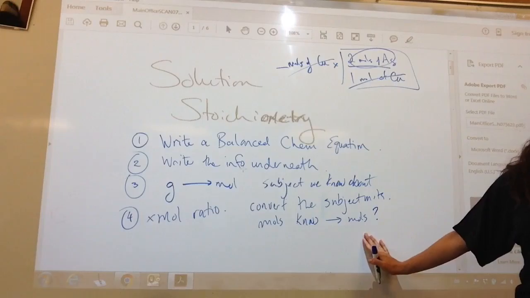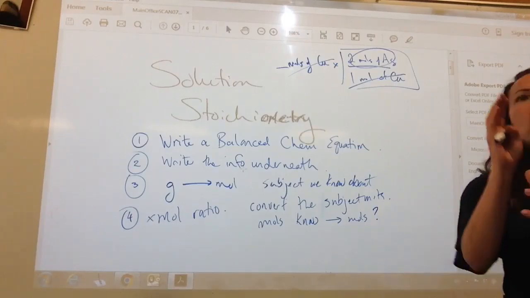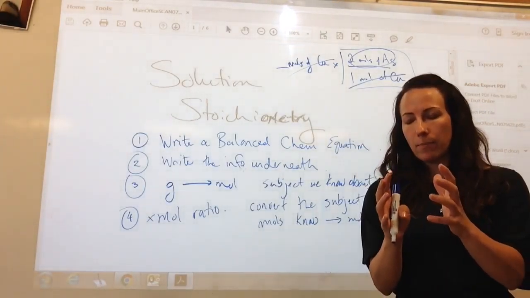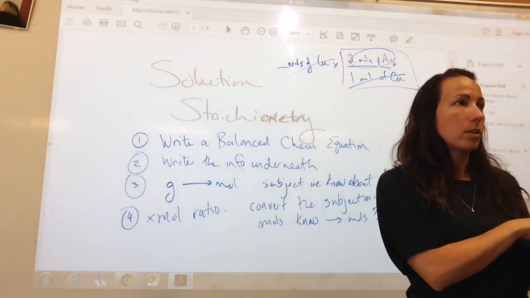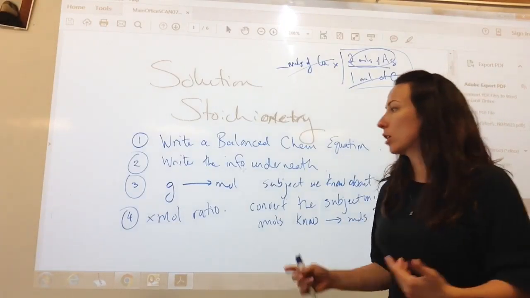So the whole point about crossing the bridge is to convert. I know stuff about the copper, I'd like to know stuff about the silver. It allows us to convert the units.